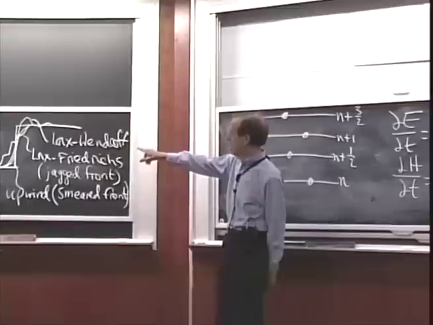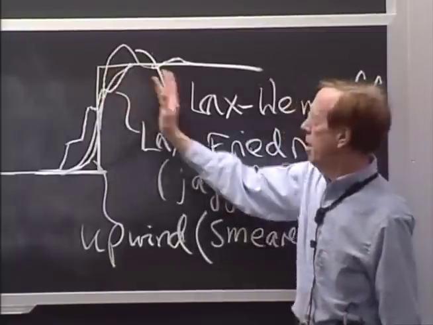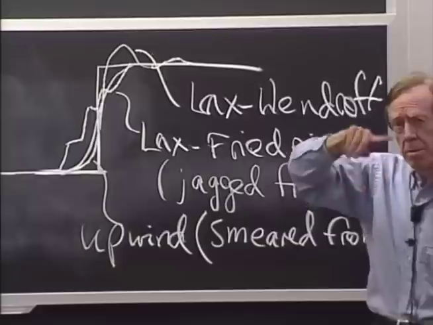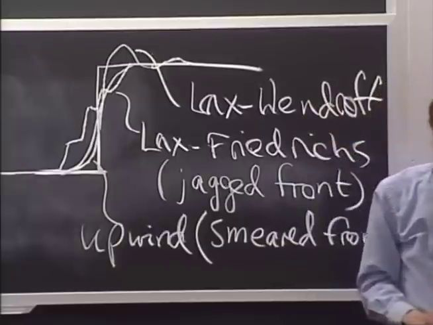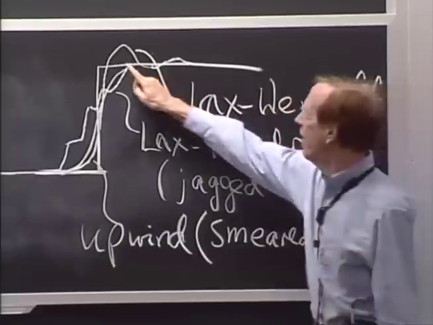I had roughly drawn what these three methods produce, but it was much better to see it in Mr. Sikora's movie on the 18.086 site. And sure enough, behind the moving front is an overshoot that reminds us of the Gibbs phenomenon from Lax-Wendroff.